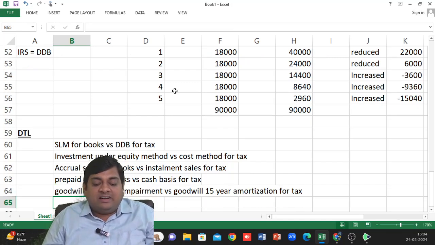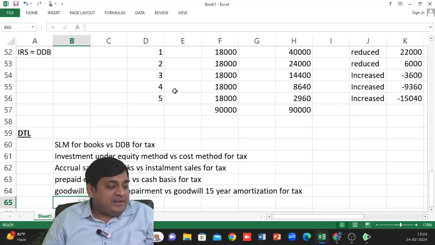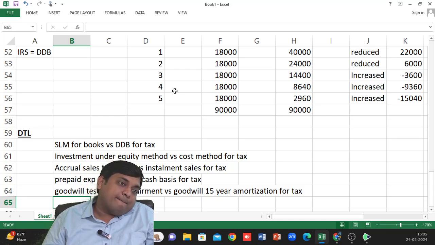This I have told you when we did intangible asset. So these are the cases in which we have to create deferred tax liability. Right?